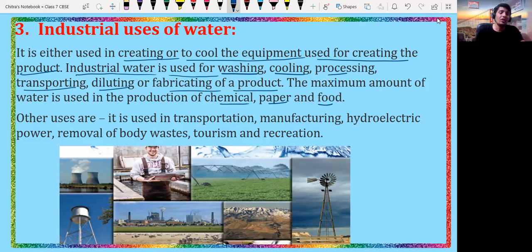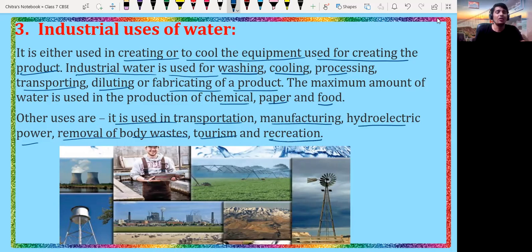Now we are going to discuss the other uses of water. It is used in transportation, manufacturing, hydroelectric power, removal of body waste, and tourism and recreation.